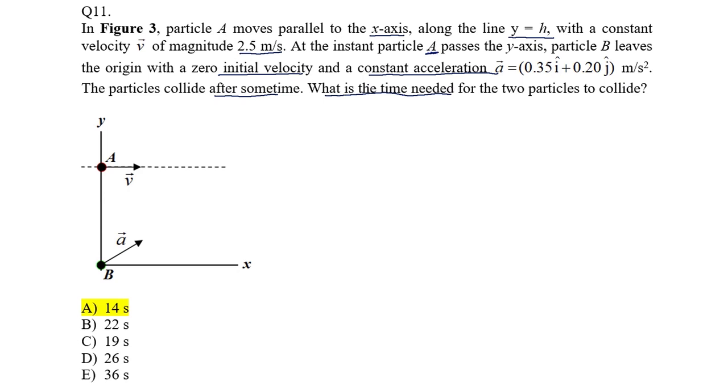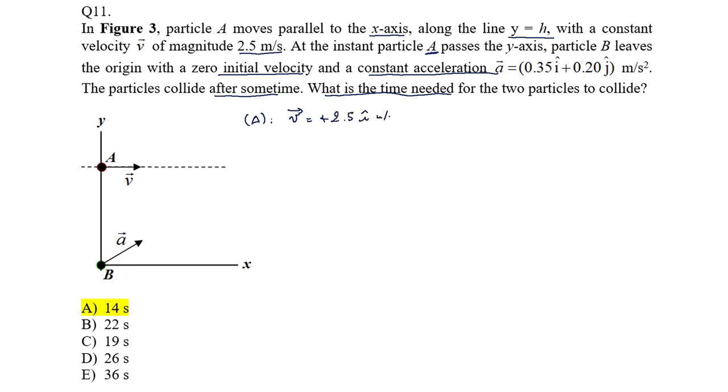Well, you know, for particle A, let me write it this way. You see that basically you have constant velocity, right? So V is just constant and is equal to plus 2.5 i hat.